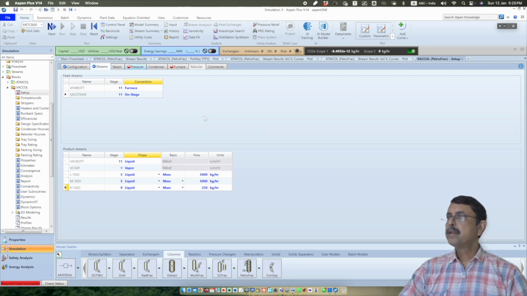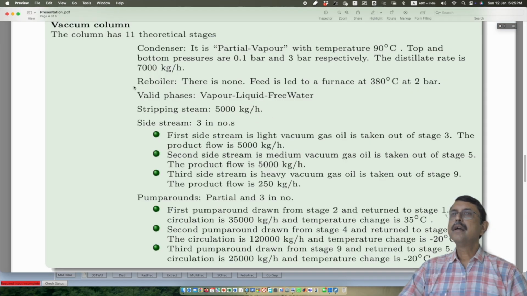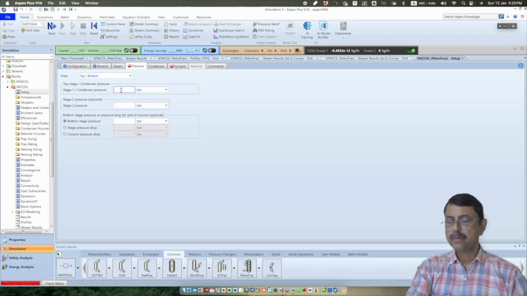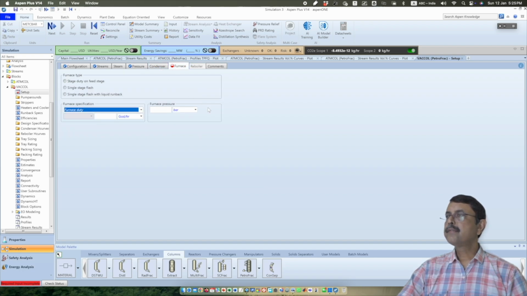Pressure. The column pressure, top and bottom pressures are 0.1 bar and 3 bar respectively. So it is 0.1 bar and this is 3 bar. And finally the furnace.